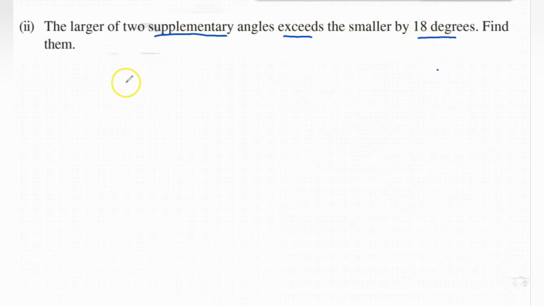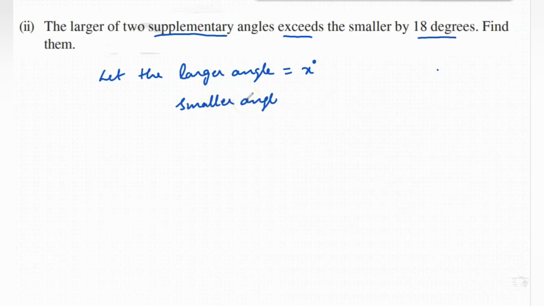So let us put them in the form of equations now. Let the larger angle be x degrees, and let the smaller angle be y degrees. Given they are supplementary angles, the sum of supplementary angles is always 180 degrees, so x plus y is equal to 180.